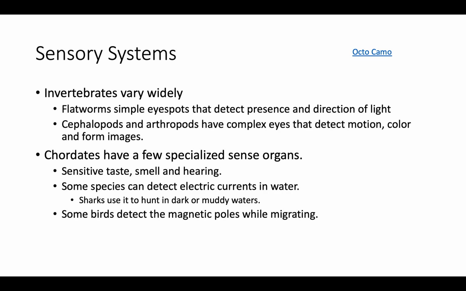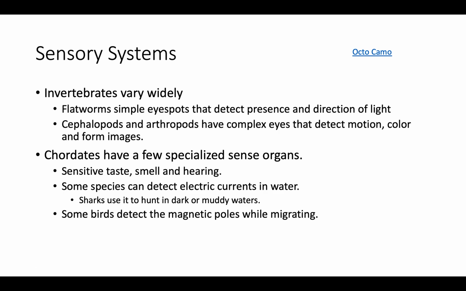So that is pretty much how their eyes are going to be. Flatworms have simple eye spots, like I said, just detecting light and dark, all the way up to being able to form images. Chordates have a few special sense organs: taste, smell, hearing.